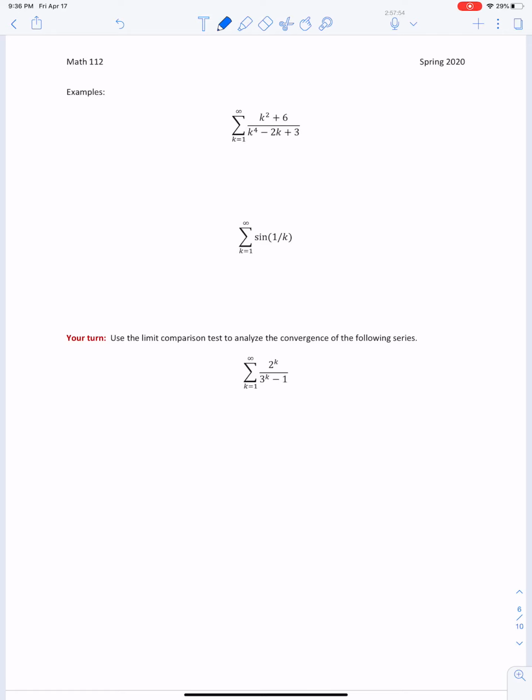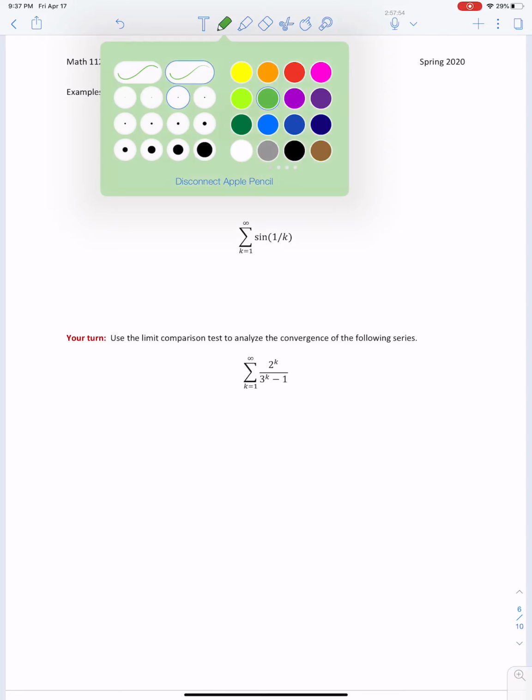Those are the terms that we're adding up. And so what we might think about is what kind of behavior this is exhibiting.